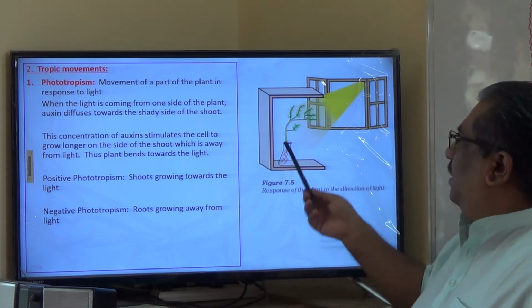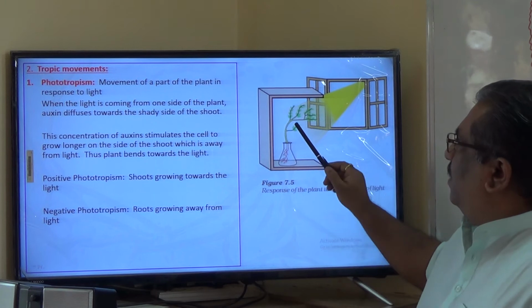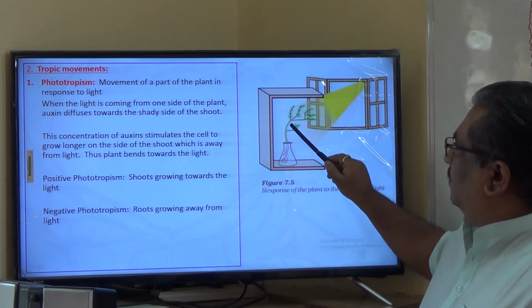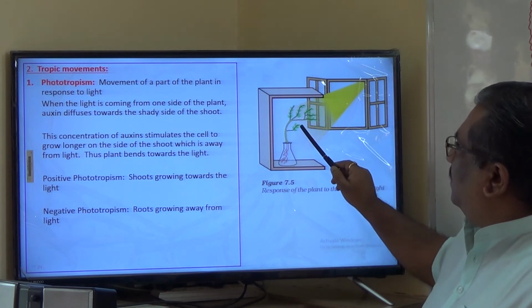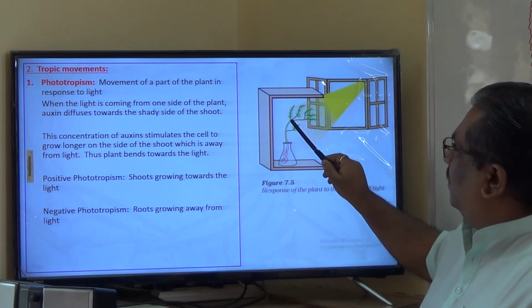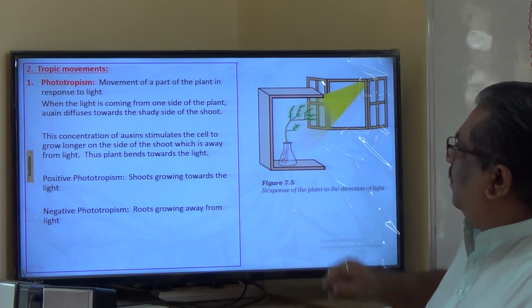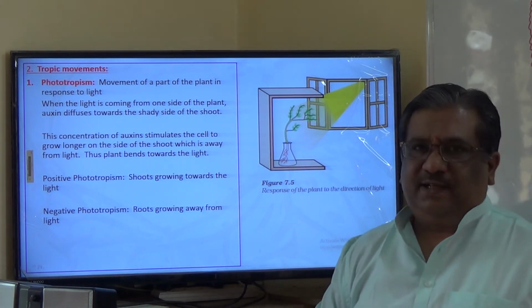Here I'll take this example. This is a stem here. Light is coming from this side. Light is falling on this side of the stem, but the opposite side of the stem has a shady region.